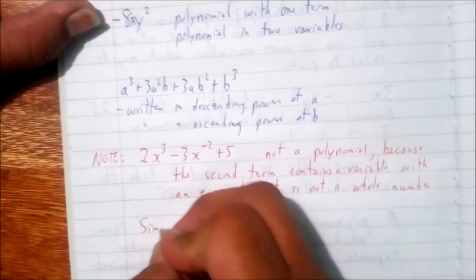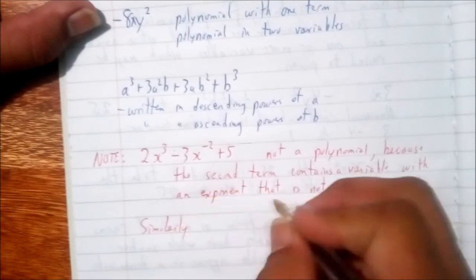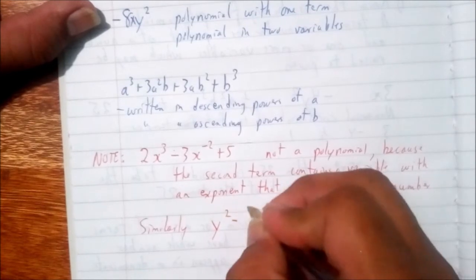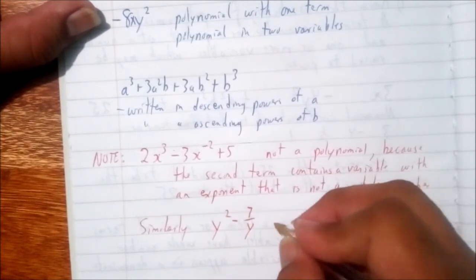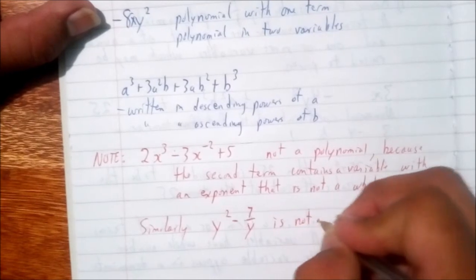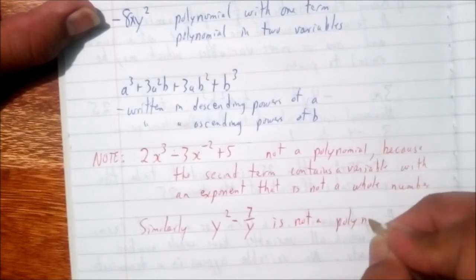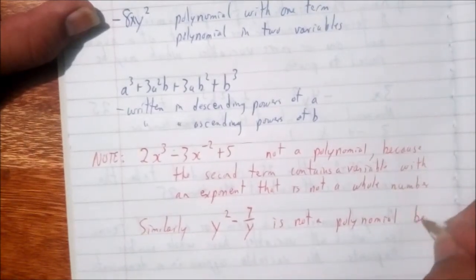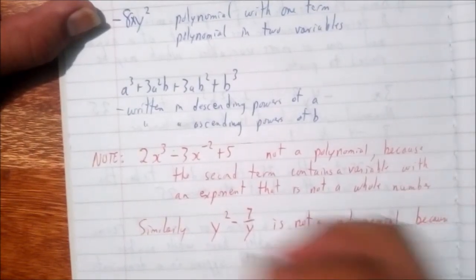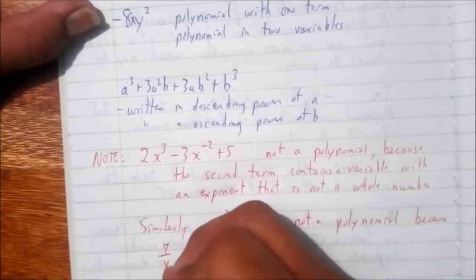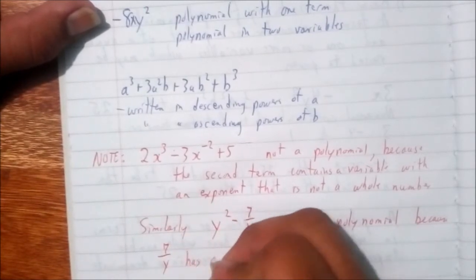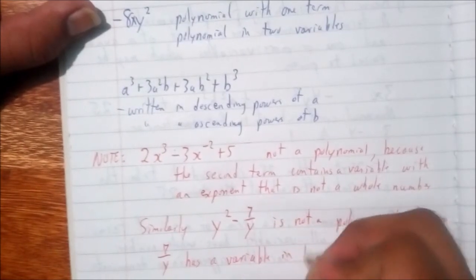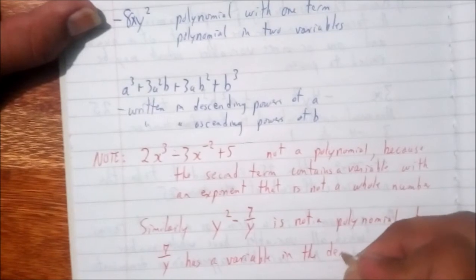Similarly, y squared minus 7 over y is also not a polynomial. Now let's understand why. Because 7 over y has a variable in the denominator.